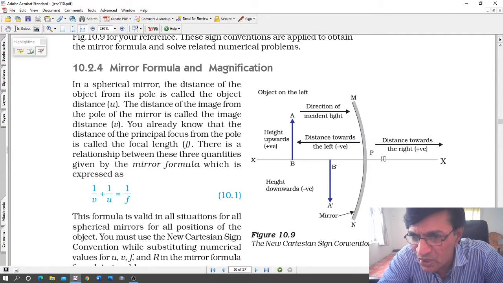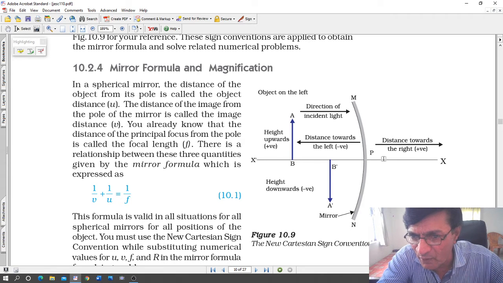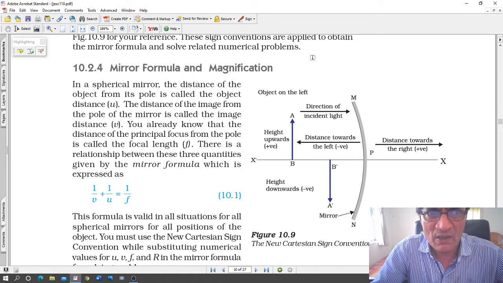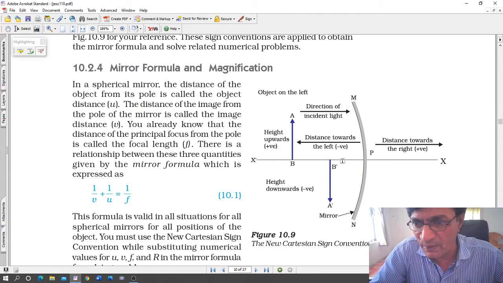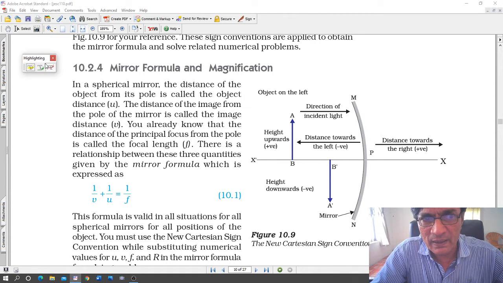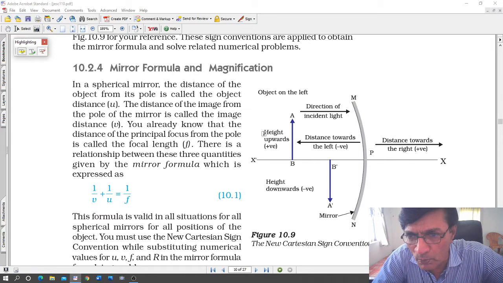Distance towards the right, the left hand side, you see, that means the ray of light is coming from AB towards the mirror, but the measurement is always from the pole of the mirror, and therefore you can see this is the pole of the mirror, and the measurement will take place from here. So any distance that you want to measure, you must measure from P towards that object.